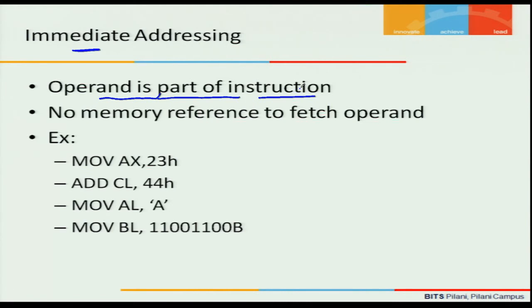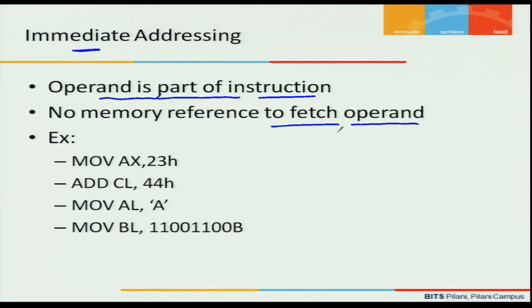There is no memory reference required to fetch the operand. You don't have to do a separate memory reference to fetch the operand. When you fetch the instruction, along with the instruction, the operand is fetched.